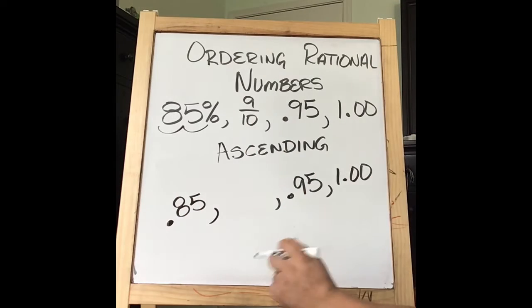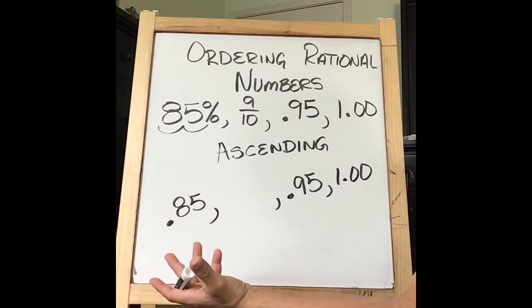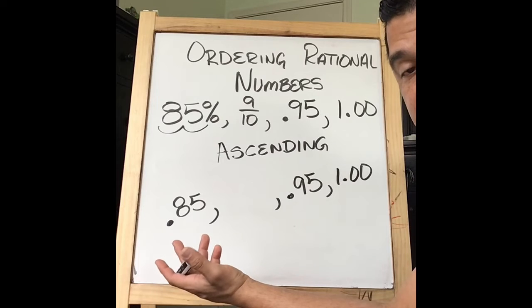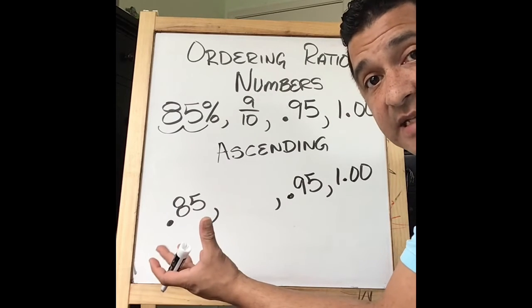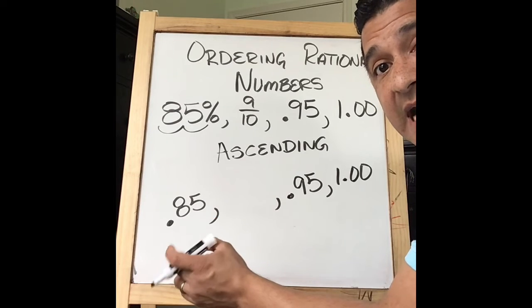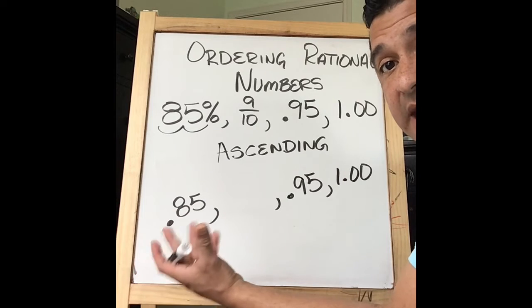And now my fraction, I want to change that to a decimal. Well, that's easy. I can divide, because that is how you change a fraction to a decimal. Or I can put 9/10 and convert it as a number over 100, and then that would give me the decimal.